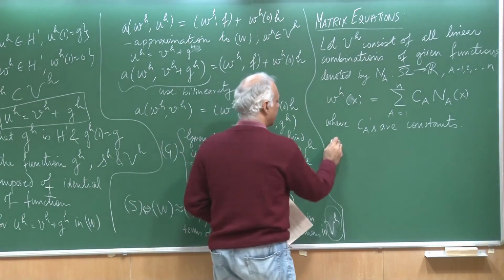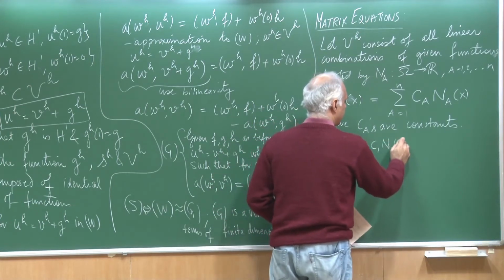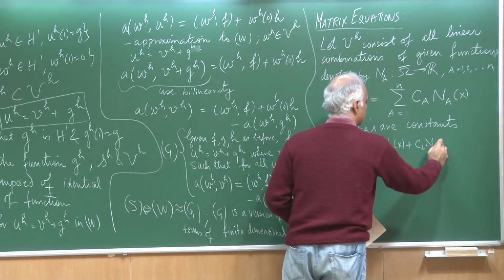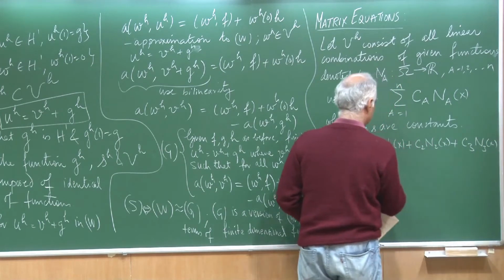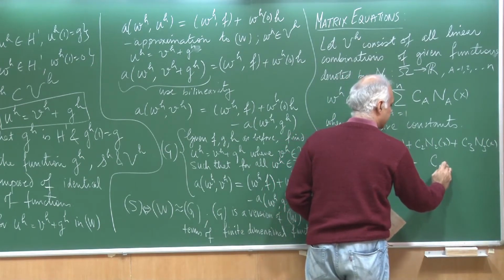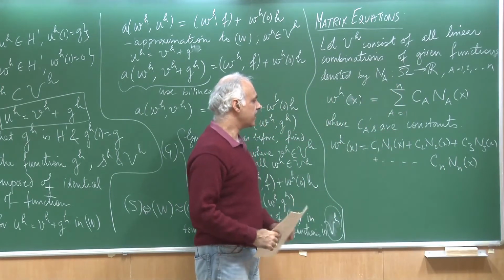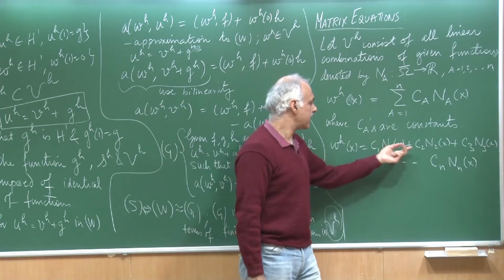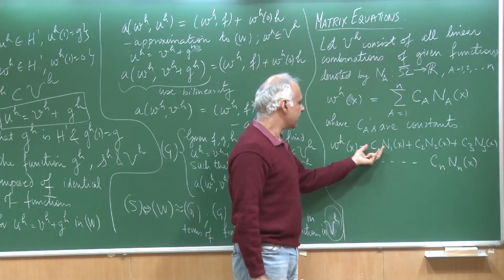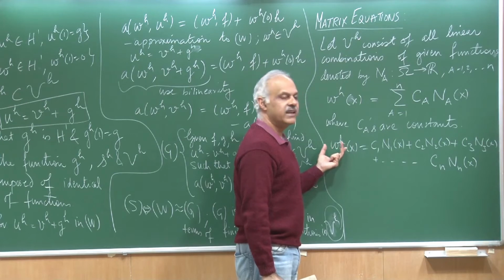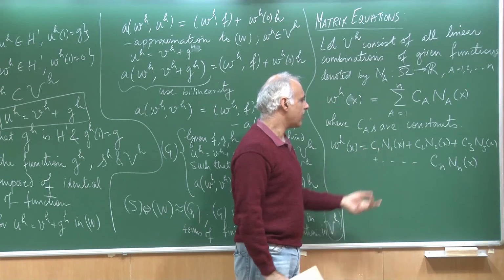So essentially I am saying that Wh(x) is actually given as C1 N1(x) plus C2 N2(x) plus C3 N3(x) plus all the way to Cn Nn(x). So you are giving me these basis functions N1, N2, N3, Nn, they are given to me, and by constructing linear combinations of that I could generate an infinite number of Wh. Okay. You see, the C's are all arbitrary.